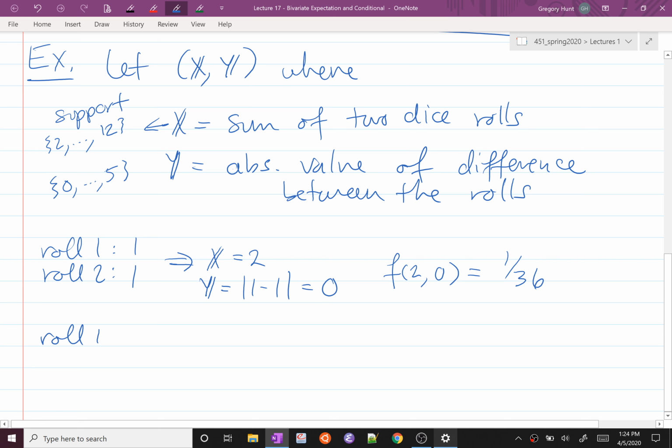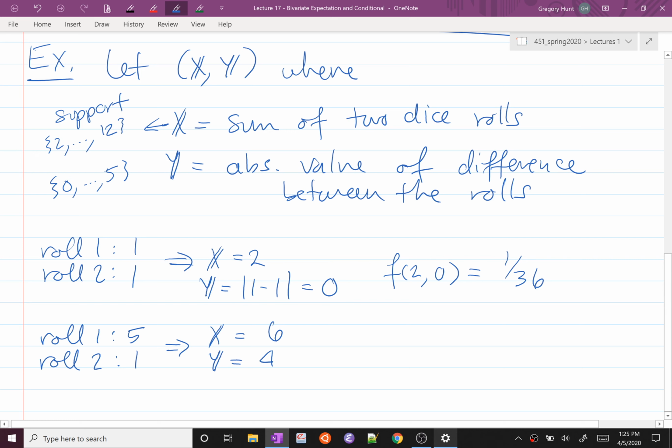Other situations we can get, our first roll could be a 5, and our second roll could be a 1. In this case, the sum of the two of them is 6, and the difference of the two of them is 4.